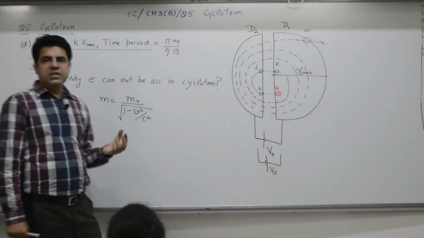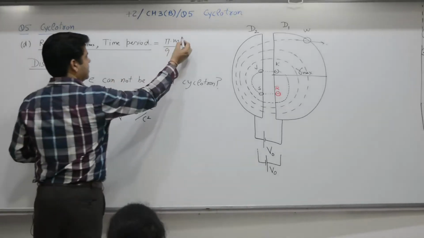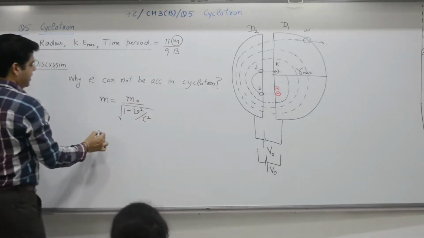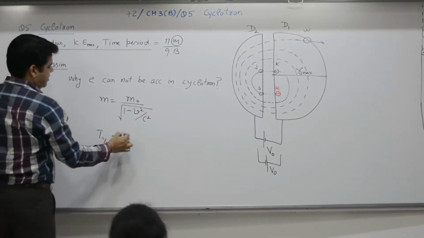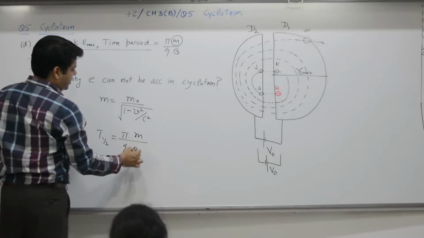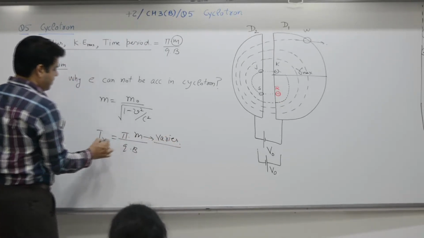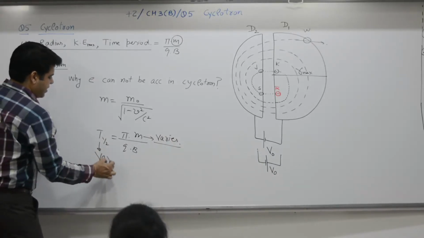The effectiveness of mass changes with speed. So when the speed increases, the time period T is equal to pi m over qB. When m varies, T will also vary.